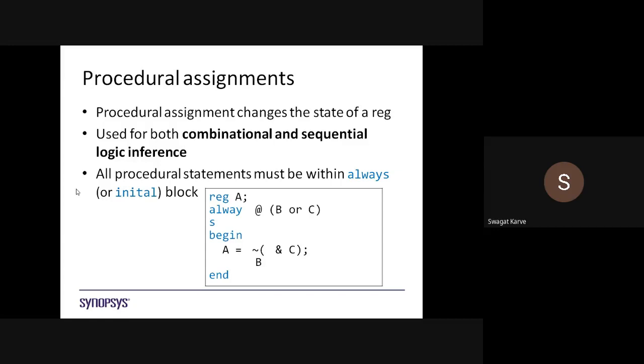Whatever points we have covered today, if you have any query you can ask me right now. What we have covered today: we started with the assignment statements, then we discussed the first type of assignment statement, that is concurrent blocks. In concurrent blocks we have two subtypes. First one is the continuous assignment statement and second one is procedural blocks. In procedural blocks we can have different types, for example procedural assignments, then always block, initial block.